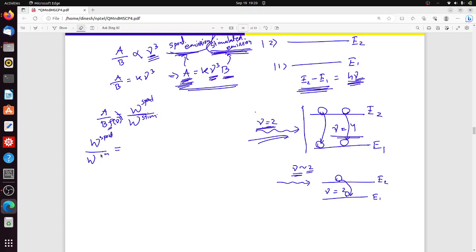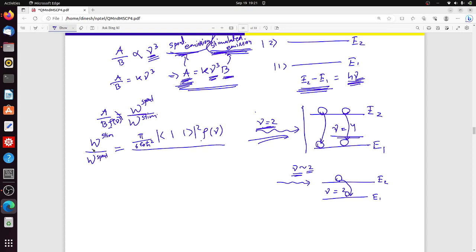Let me take the stimulated in the numerator. So the stimulated emission rate is equal to pi over 6 epsilon naught h cross square, this integral mod square and this state density.